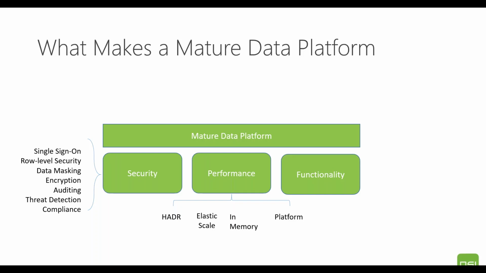There's a number of pieces that fall into the performance bucket. So, high availability and disaster recovery. My database, or my data platform, if it becomes mission critical to my business, must be available whenever users need it. So all systems should have some form of disaster recovery.